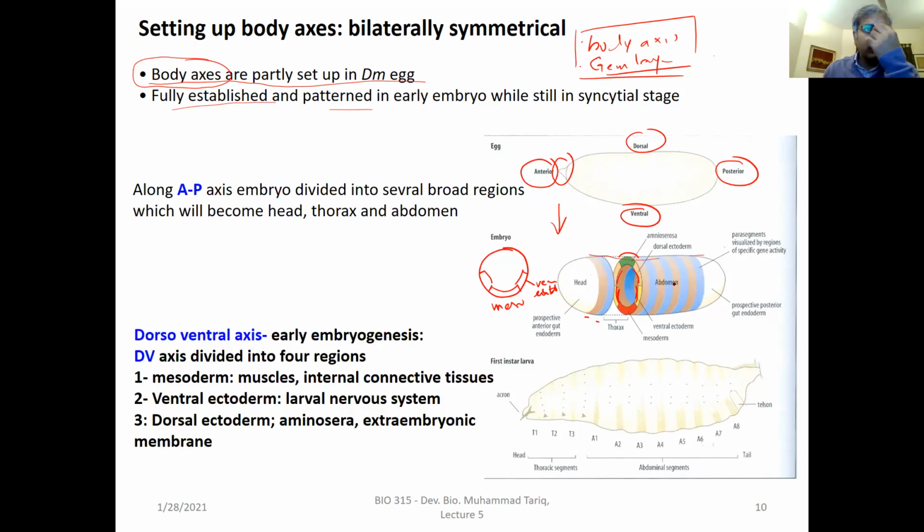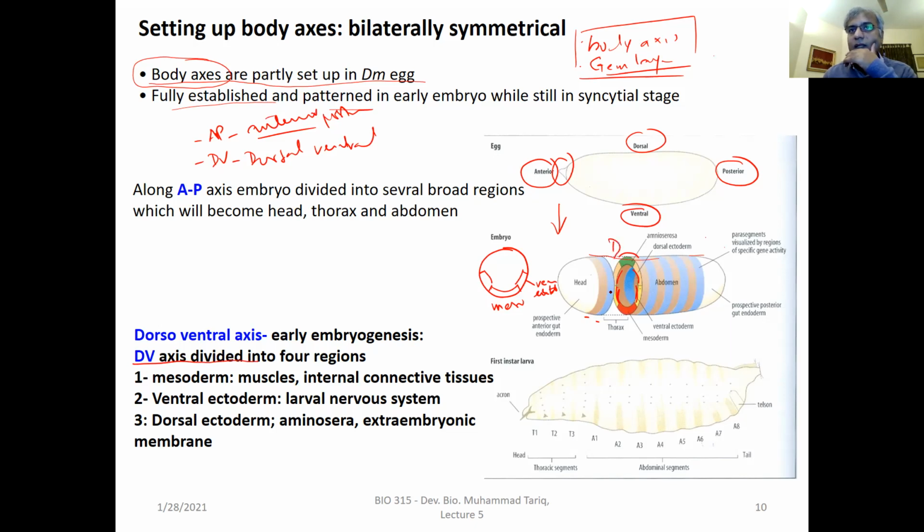Now, as you have already seen, in the fruit fly you will have the AP axis, anterior posterior axis, and you will have the DV, dorsal ventral axis formation. This is anterior posterior body axis formation. In case of the dorsal ventral axis, this is divided into 4 regions, which we just saw.